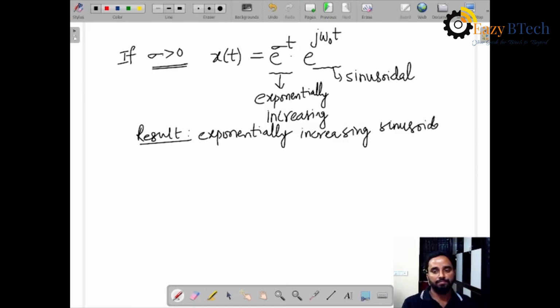If you see the waveform, the plot, we can understand better.